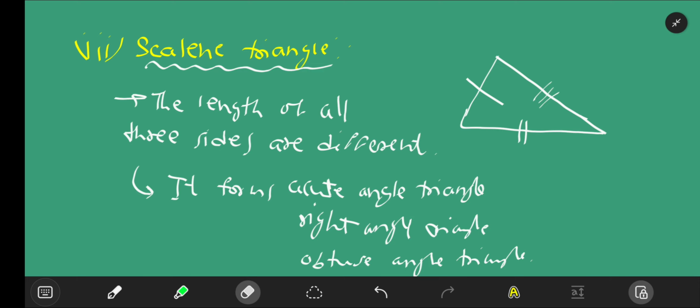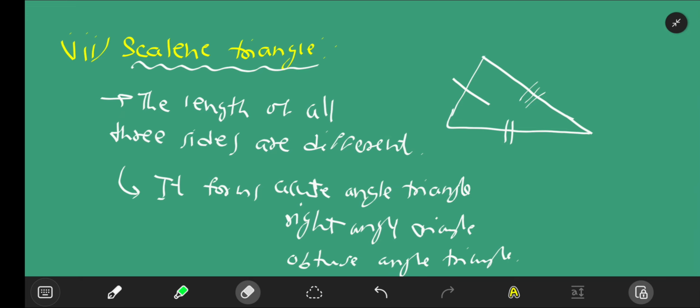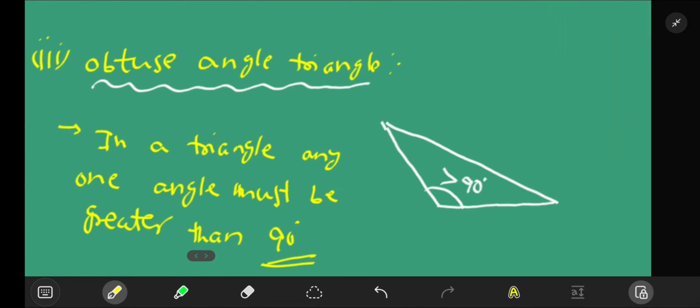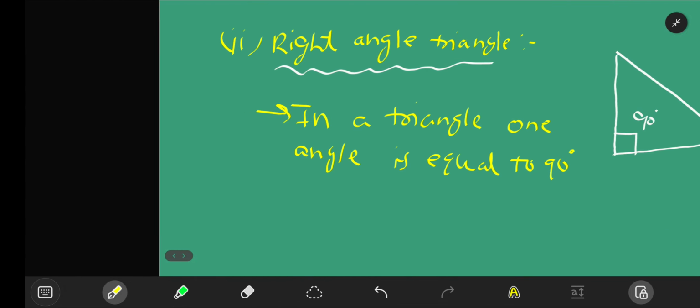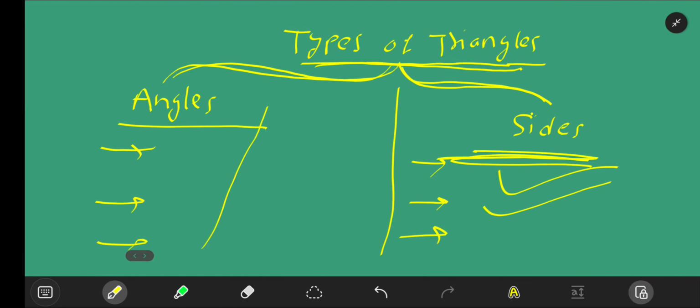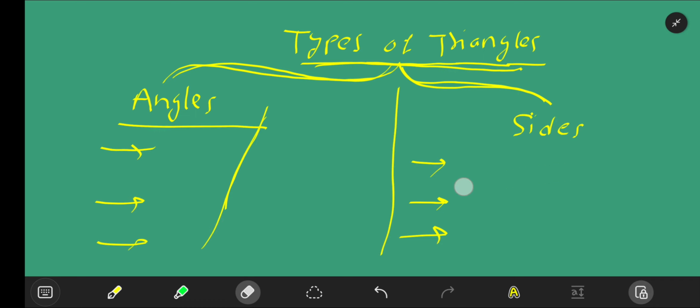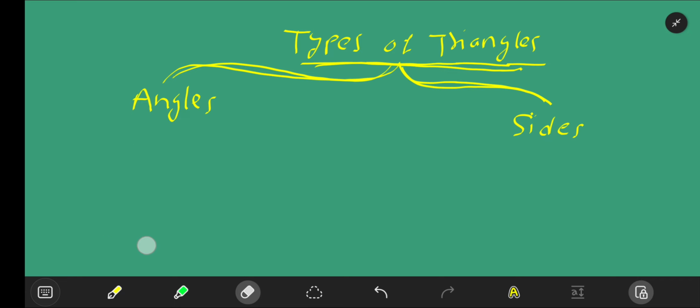Now let's do a few examples so that you will get a clear picture of types of triangles. Once I revise it, these types of examples you can do easily. First, triangles are majorly classified into two types.